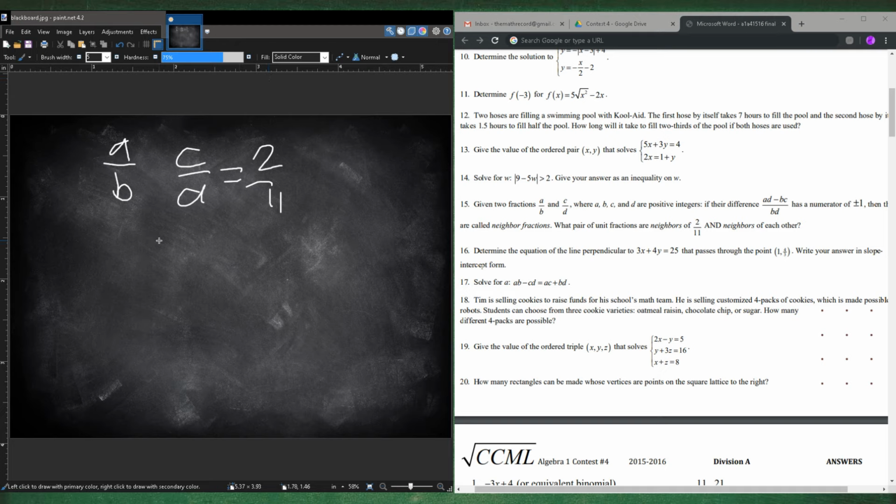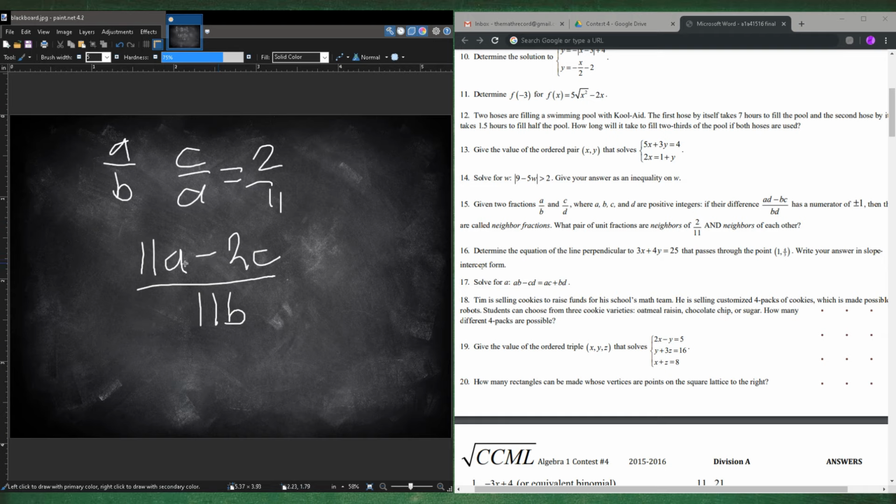So it'll be ad, so it'll be 11a, and then minus bc, which is just minus b times c, which is 2, all over bd, which is going to be 11b.